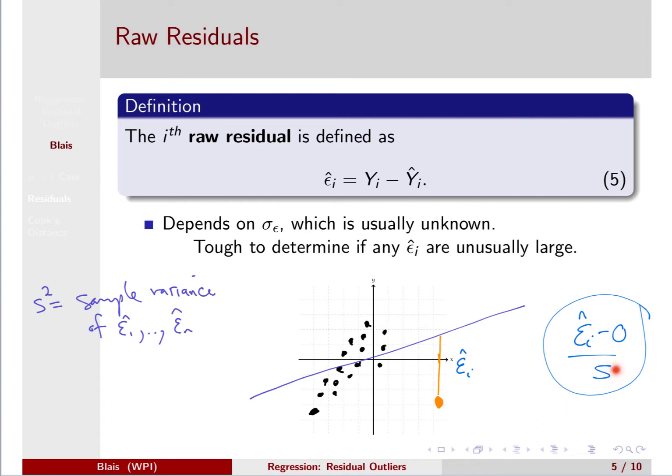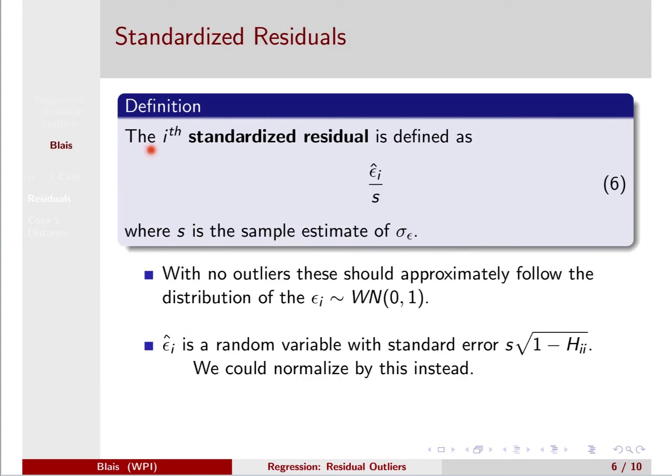Think about when you make a z-score with, say, a normally distributed random variable. You subtract the mean, you divide by the standard deviation, and the result is a standard normal, mean 0, variance 1. Similar idea here, defining the ith standardized residual. So that raw residual in the ith case over that sample standard deviation, which is the sample estimate of the standard deviation of the white noise terms.